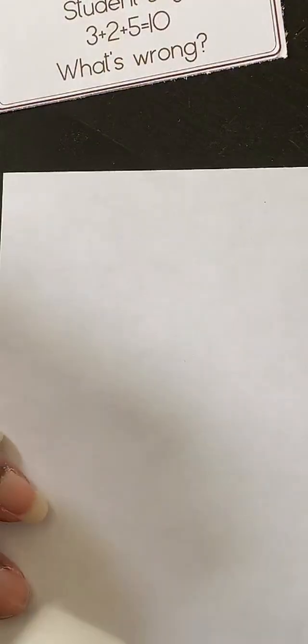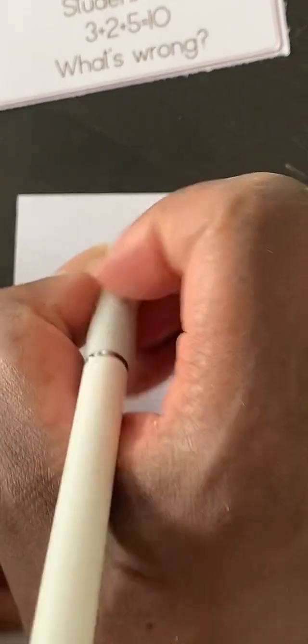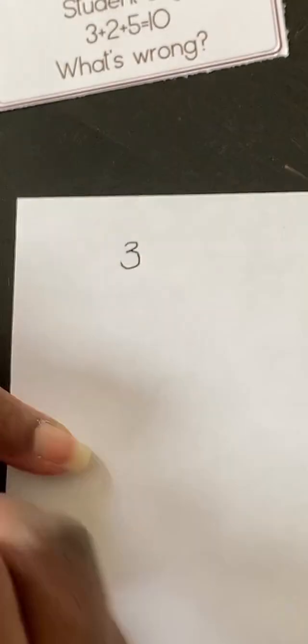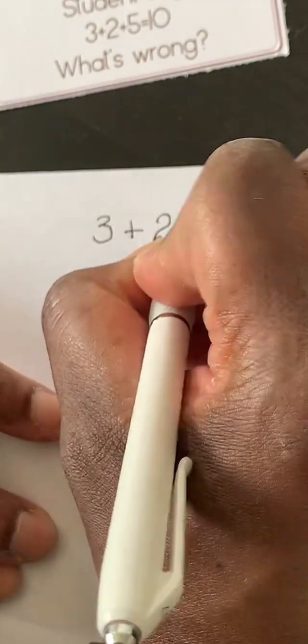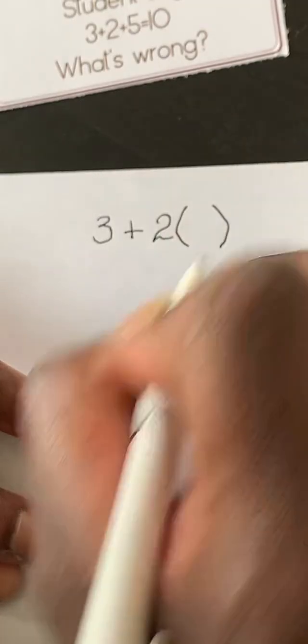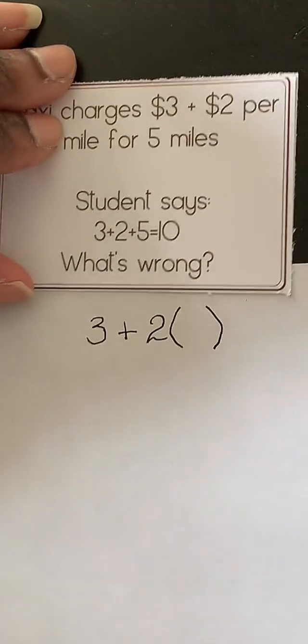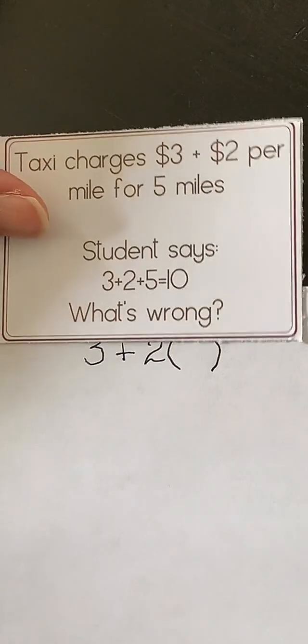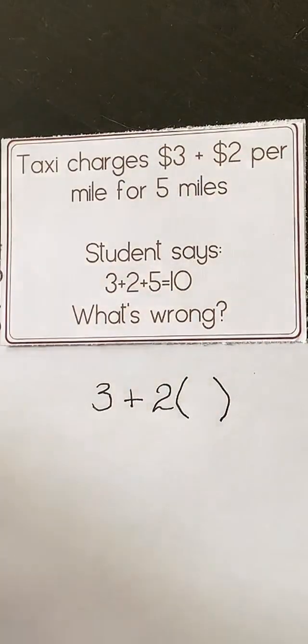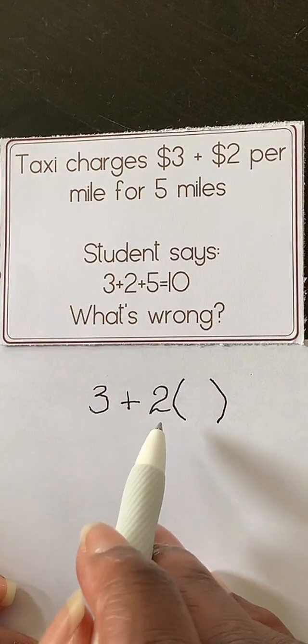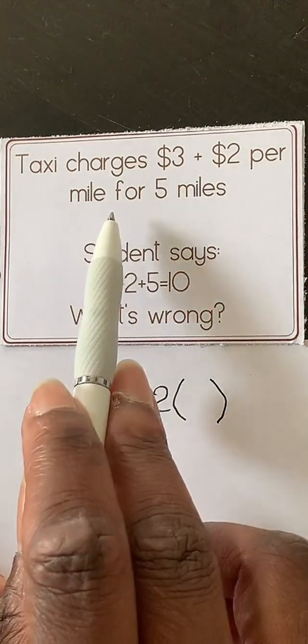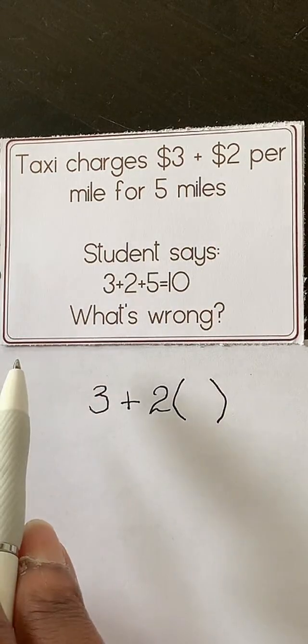All right, so here we go. Just by stepping into the cab, $3. No problem whatsoever. But then you're adding $2 per mile. Now, when you see that per mile, there's going to be some kind of multiplication. I should put this up here so you can see the problem. Now they're saying that we drove for 5 miles.